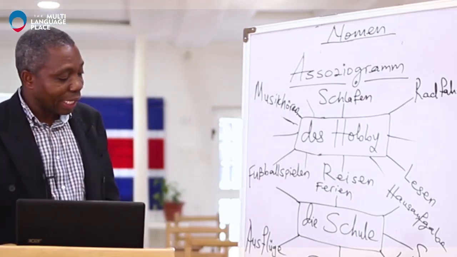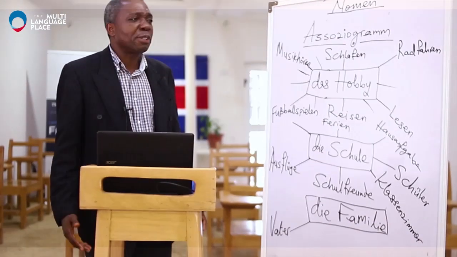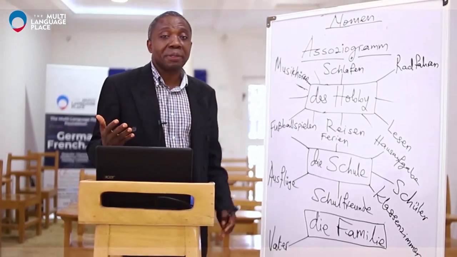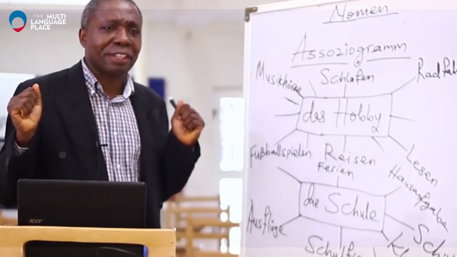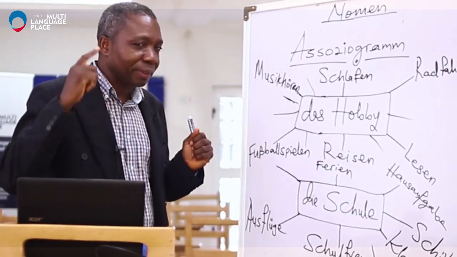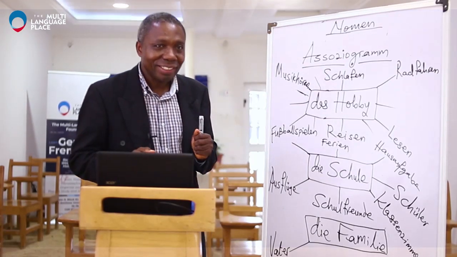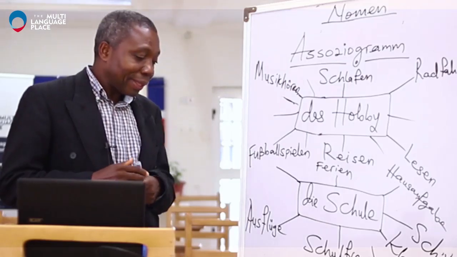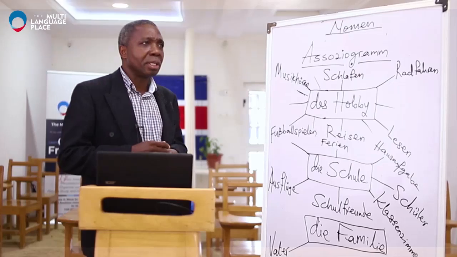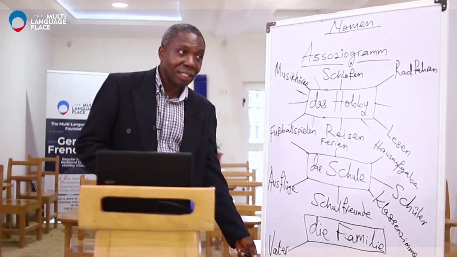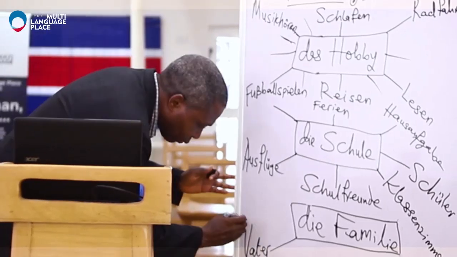Okay, we quickly go to the last one, which is die Familie. Just think about it. Die Familie simply means the family. When you hear the family, die Familie, say it after me, die Familie. Again, nochmal, die Familie. Okay, that is the family. Now, what comes to mind? Definitely you think of, I have one here, der Vater.